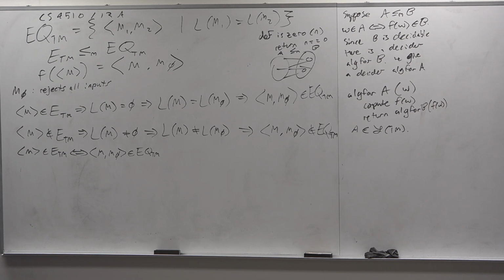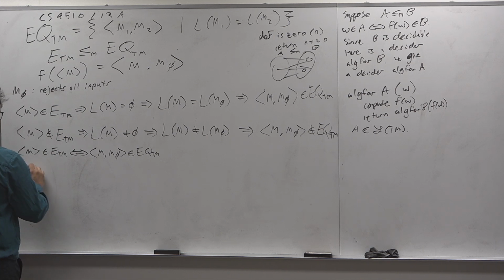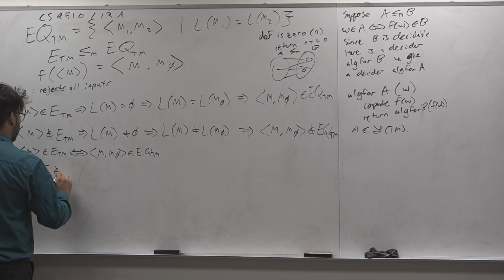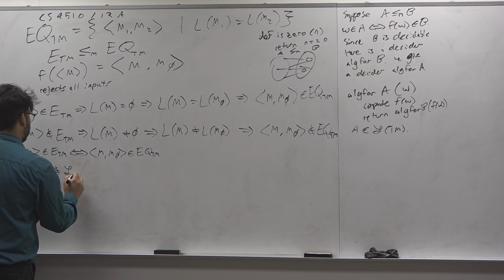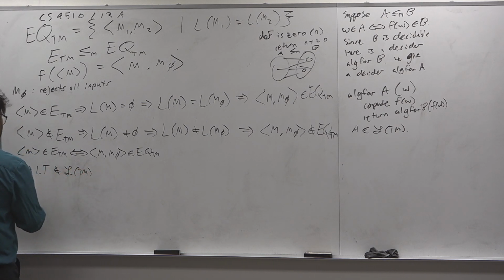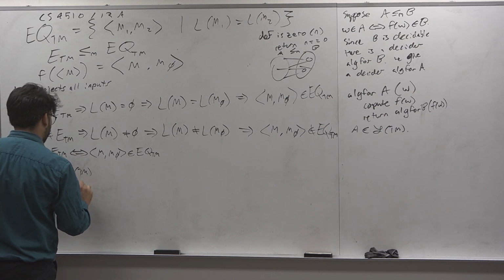So now we need to answer two questions. First, we claimed that although halt was undecidable, it was the case that halt's complement was at least recognizable.